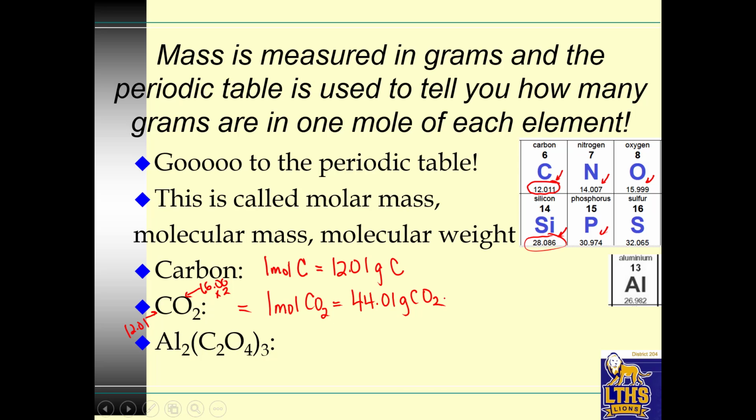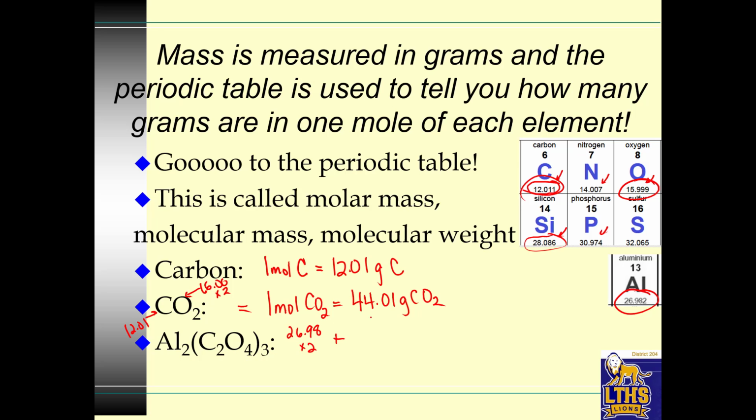Is there more? You bet there is. This is aluminum oxalate. So this one's tougher. There's parentheses. There's a lot of subscripts. But it's still the same thing. Here's aluminum. Here's carbon. Here's oxygen. But there's 2 aluminums. So we are going to have 26.98 times 2.